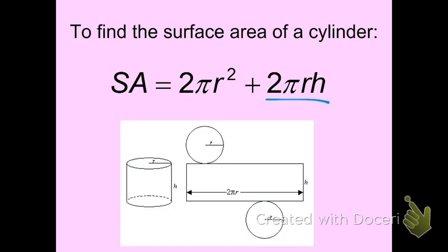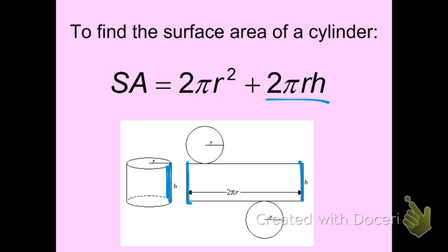If you were to think of this cylinder as like a can of soup, and you stretched out this curved part, it would make a soup can label that was a rectangle. The height of that rectangle is the same as the height of the cylinder, so h is just the height of the cylinder.